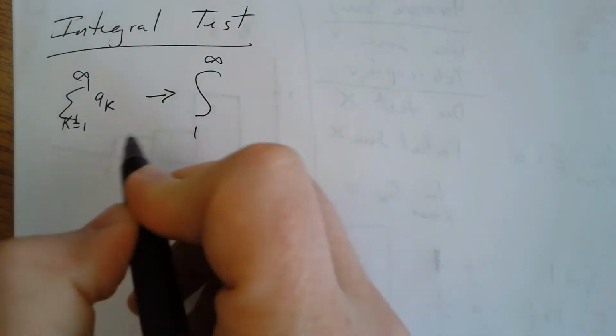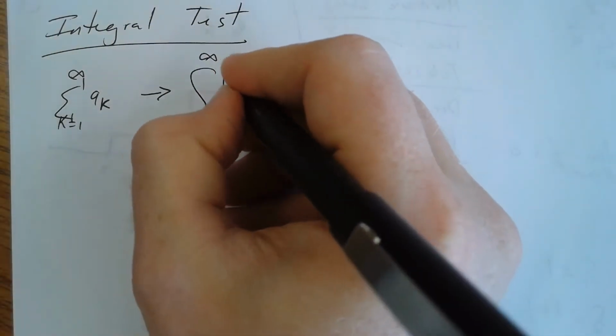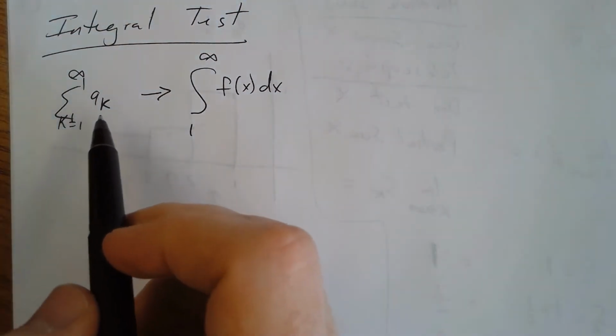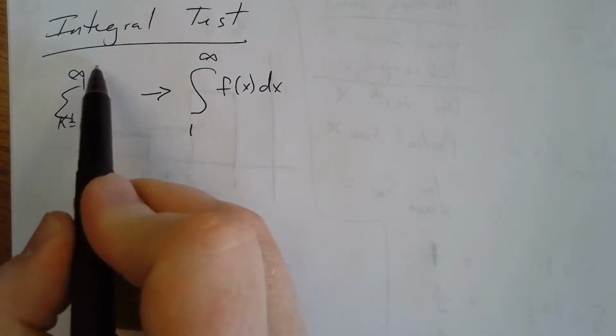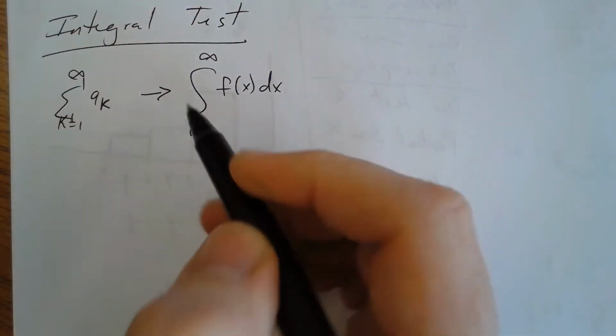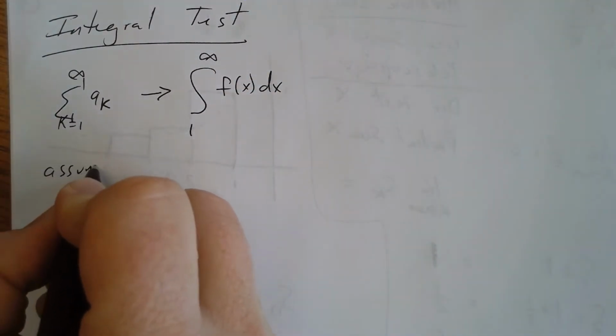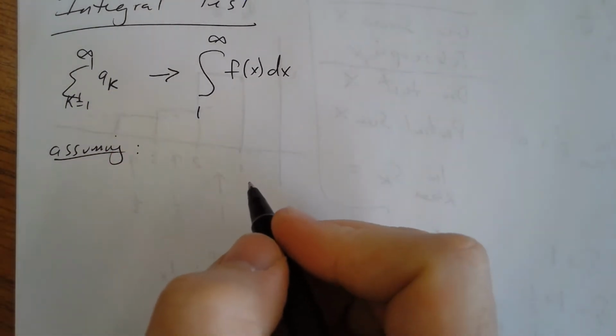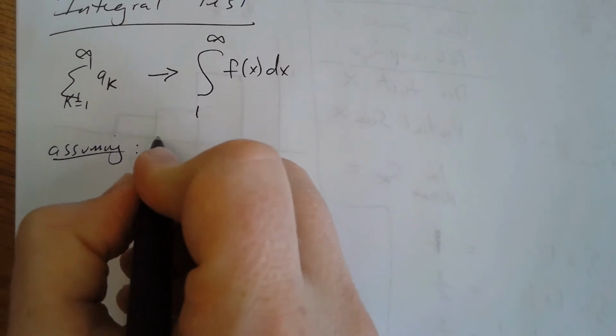Again, notice the bounds are actually the same, in terms of some other arbitrary function f of x. Then I'm going to be able to compare the convergence of this in regards to the convergence of this, assuming, and again, we don't really make assumptions in calculus, so we have to prove three qualifications.